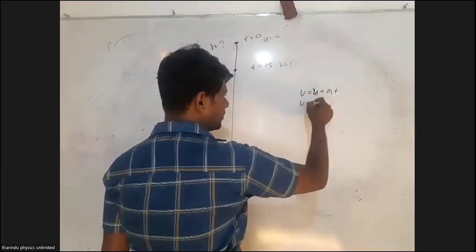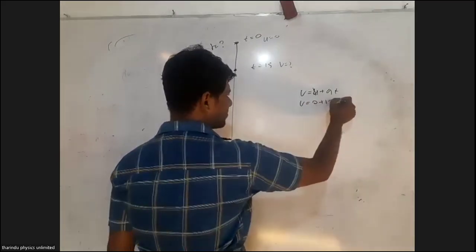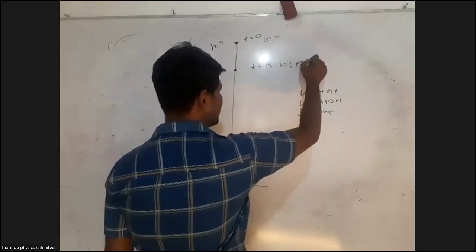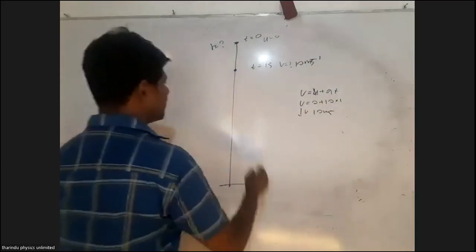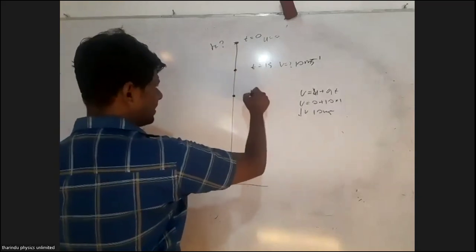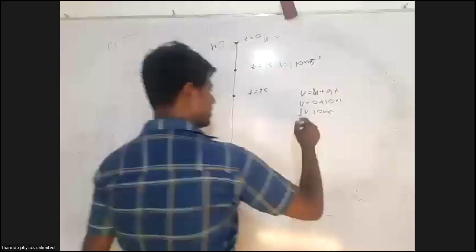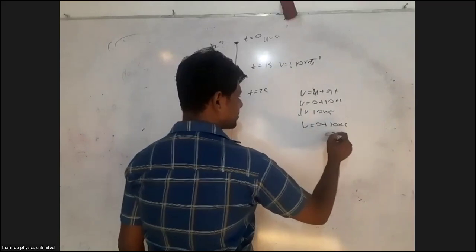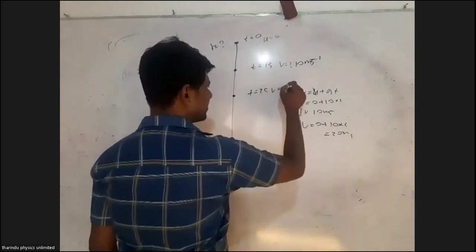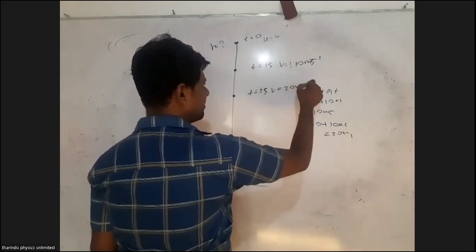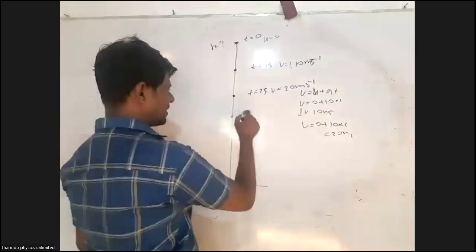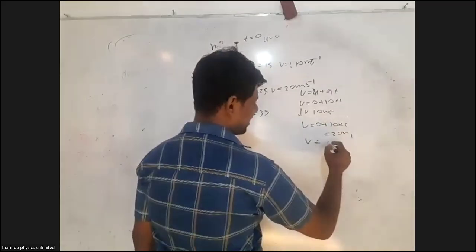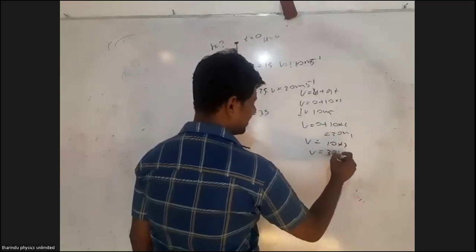So v equals 0 plus 10 times 1, downward, 10 m/s. At t equals 2 seconds, v equals 0 plus 10 times 2, which is 20 m/s. In the third second, t equals 3 s, the velocity will be 10 times 3, which is 30 m/s.